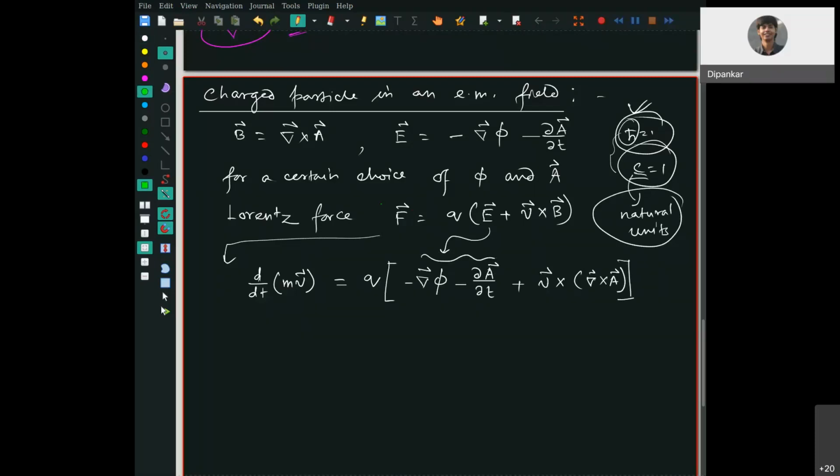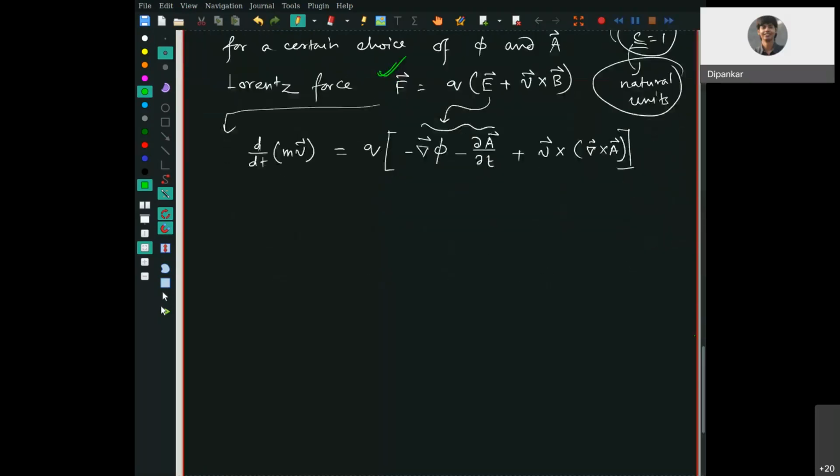So my goal is to find a Lagrangian that describes my Lorentz force law. So I see that my equation of motion is this.